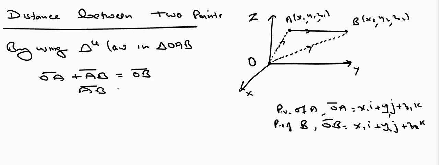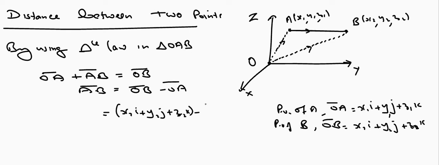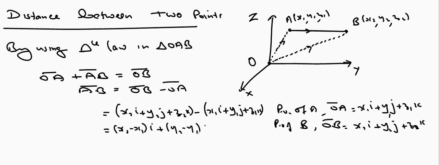Here AB vector equals OB vector minus OA vector, which gives x2 minus x1 into i, y2 minus y1 into j plus z2 minus z1 into k.